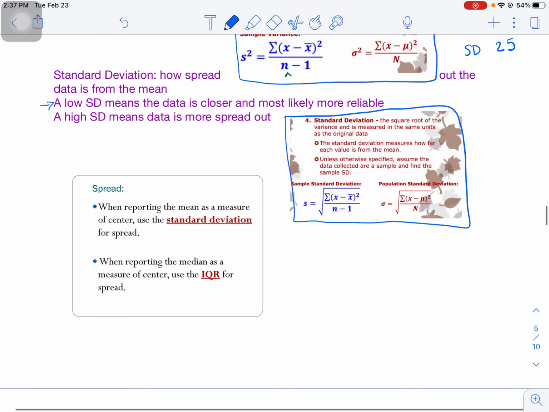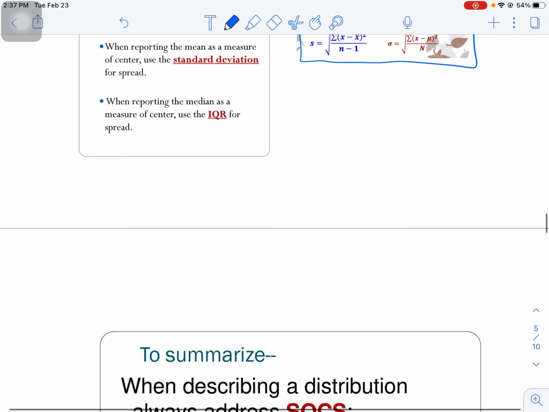Remember that when we report the mean as a measure of center, we do that when we don't have any skewedness, when things are normal. We use the standard deviation for the spread. So when things are normal, beautiful, unimodal, symmetrical, and we use the mean, then we use standard deviation. When we report the median, because we have some outliers that we had to ignore, we report the median as the measure of center, and we use the interquartile range to report our spread.